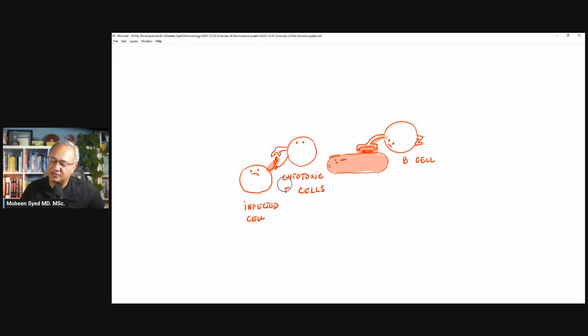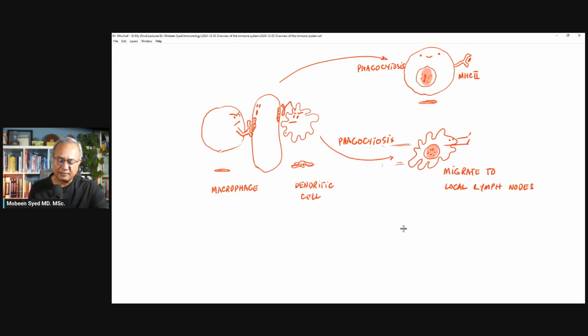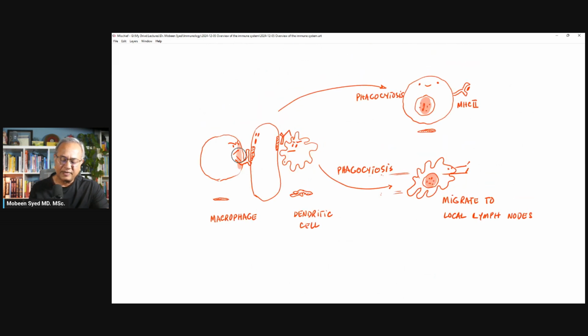And here is a fun discussion that I had with a medical student a few days ago. That medical student said, we have two types of cells. We have professional antigen presenting cells. Professional antigen presenting cells are the cells, for example, we saw here: dendritic cells, macrophages, B cells as well.